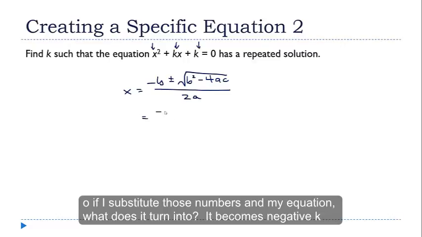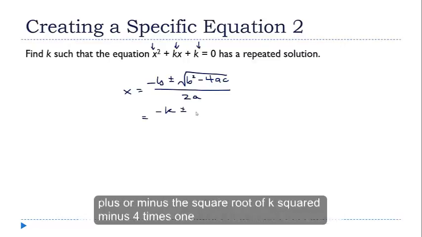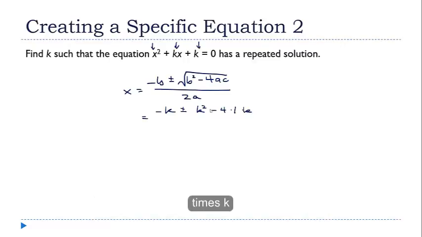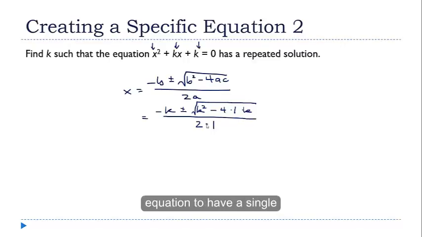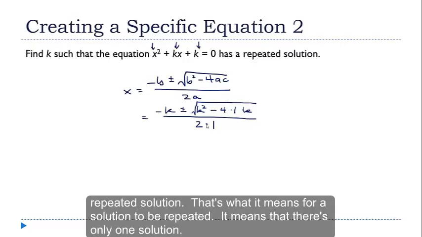This becomes negative k plus or minus the square root of k squared minus 4 times 1 times k over 2 times 1. All right, and I want this equation to have a single repeated solution. That's what it means for a solution to be repeated. It means that there's only one solution.